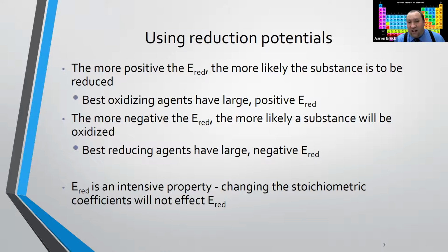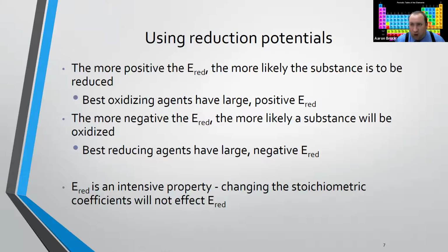The more negative it is, the more likely it is that we're going to find oxidation, and the best reducing agents have large negative reduction potentials. We saw zinc as that example. Zinc ion, terrible oxidizer. Zinc metal, with no charge, great reducing agent.